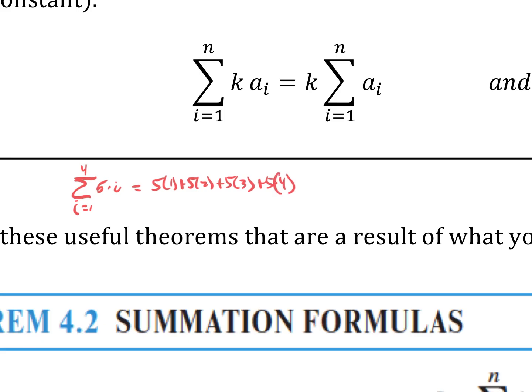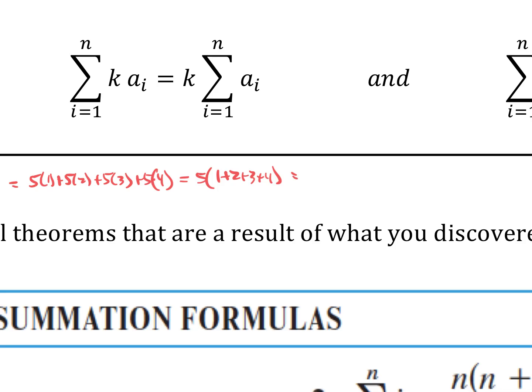Well, we can factor out that 5 because 5's in each of them. And this is just 5 times 1 plus 2 plus 3 plus 4. And that is just 5 times the sum of i equals 1 to 4 of i.